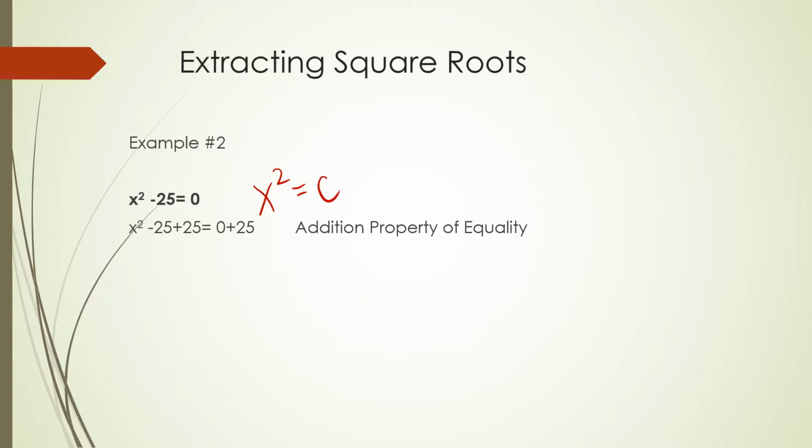So, we need to use APE. Then, you're going to add both sides by 25. Negative 25 plus 25 will become 0. So, what is left here is x squared is equal to 25. Now, it is written in the form of x squared is equal to c.